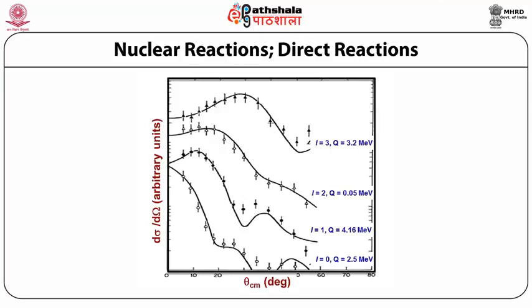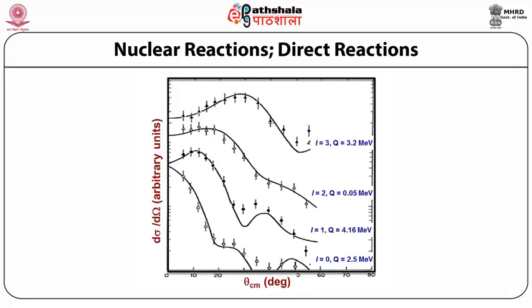In the lowermost curve, which is for L equal to 0 and Q equal to 2.5 MeV, we observe that the scattering cross section decreases sharply from its value at theta equal to 0 degree, and soon it reaches 0 at a scattering angle of around 35 degrees or so.